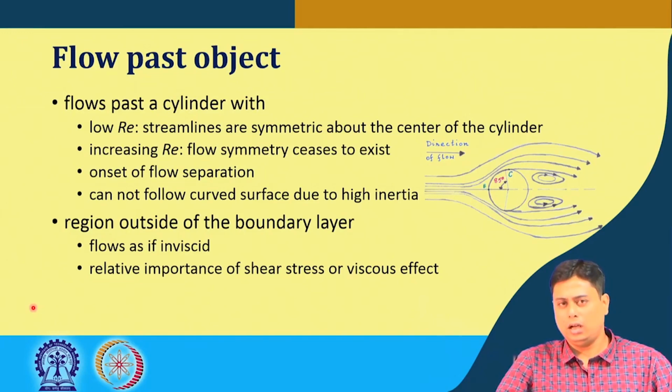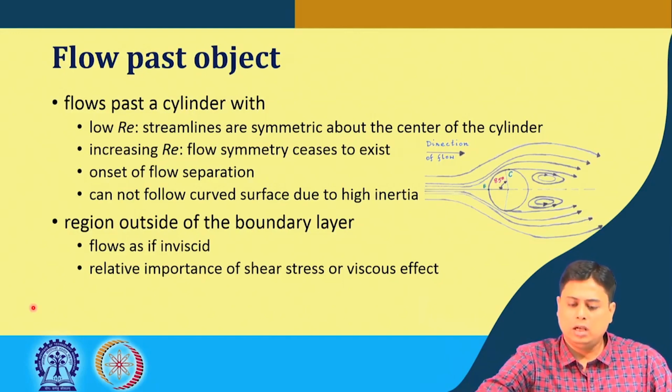That means the streamlines cannot follow the surface curvature of this cylinder at the rear portions of the cylinder when they pass from a point on its upper surface, or let us say the lower surface. With increasing velocity or increasing Reynolds number, such a scenario happens, and after a certain point flow separation occurs.